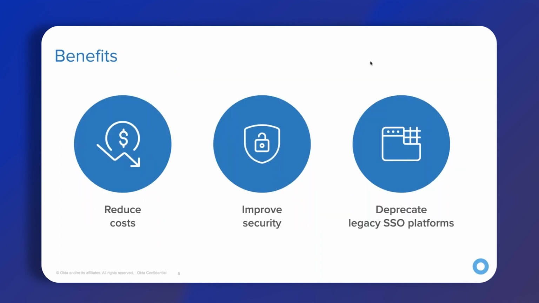So Okta Access Gateway has three major benefits, and of course cost is not going to be a surprise to anyone. When we are running applications on-premise, there is not only the cost of those physical or virtual servers to run those applications, but there's also servers required to provide access control to those applications.